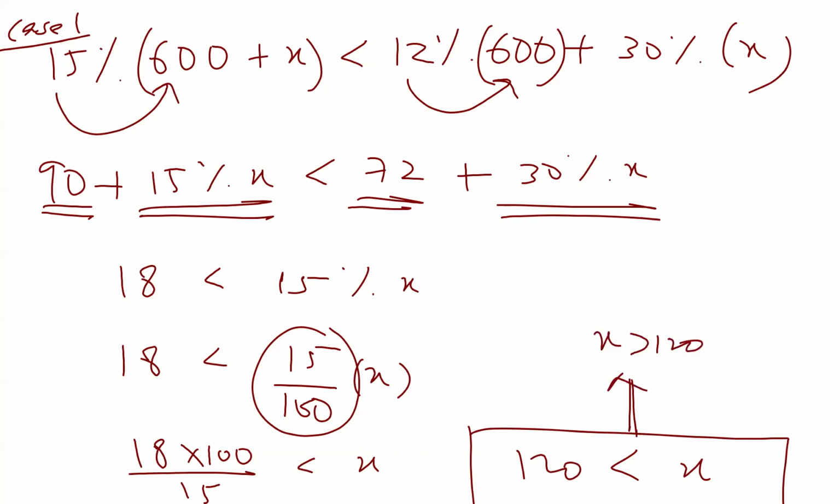Now case 2 also we are going to solve. Case 2 is and, because it's a double inequation, not or. So case 2 is this.